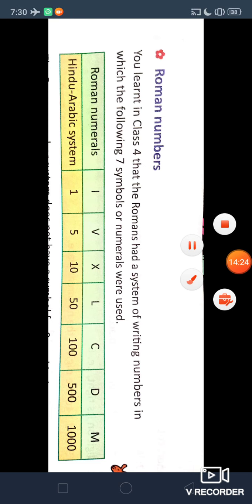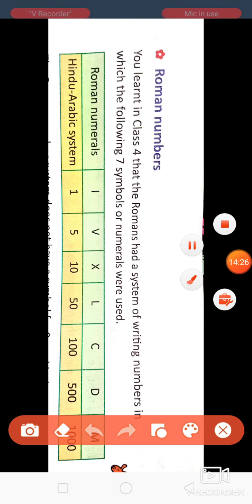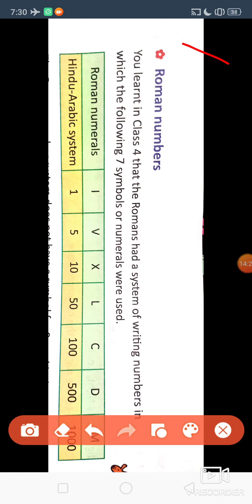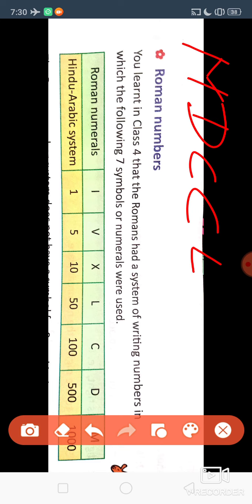Okay, once again I am writing. Suppose it is given M, D, C, C, then L and X. This much I am writing. Now look here. The value of M is how much? See the table. The value of M is 1000, and the value of D is 500.